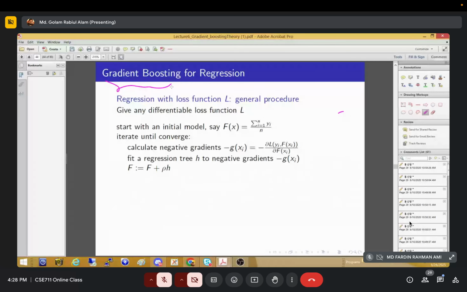We know that gradient boosting is also upgraded, and the new version of gradient boosting is called extreme gradient boosting. Okay, so we need to understand gradient boosting to understand extreme gradient boosting. In today's lecture, we will discuss gradient boosting.